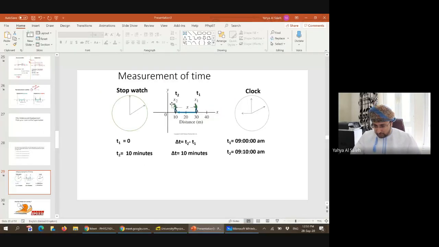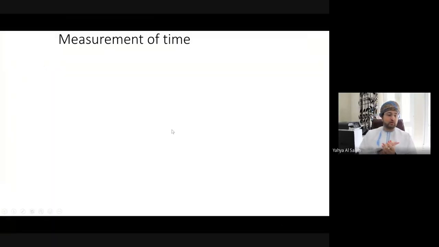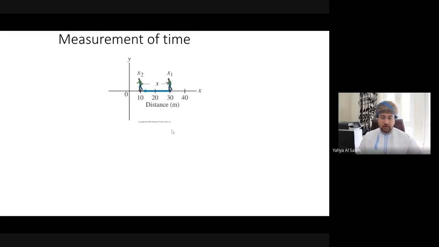Okay, we have about 20 more minutes. We have time. So, measurement of time. Let's introduce a new concept. Well, new in terms of this course, we all know what time is. We have introduced the concept of position. Now we introduce the concept of time. How do I measure time?